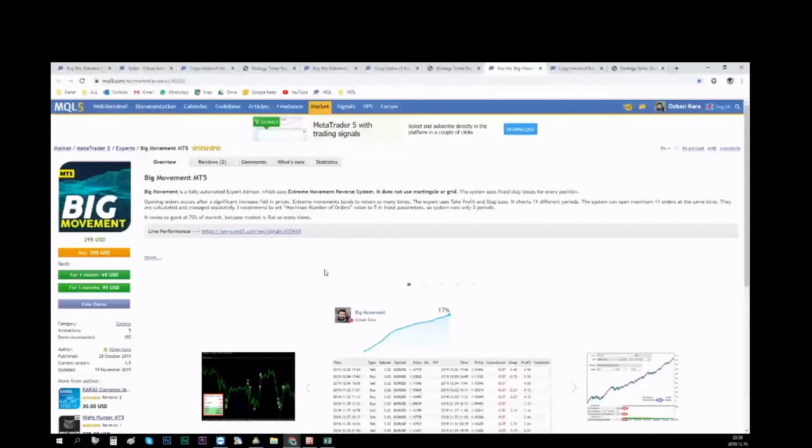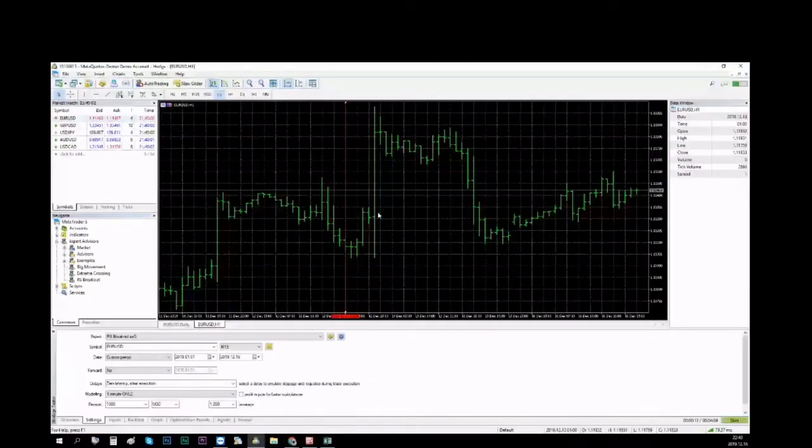For example, in that euro dollar here, I want to show you a very great example. In that time, euro dollar went up very fast. It's a 1 hour chart here.